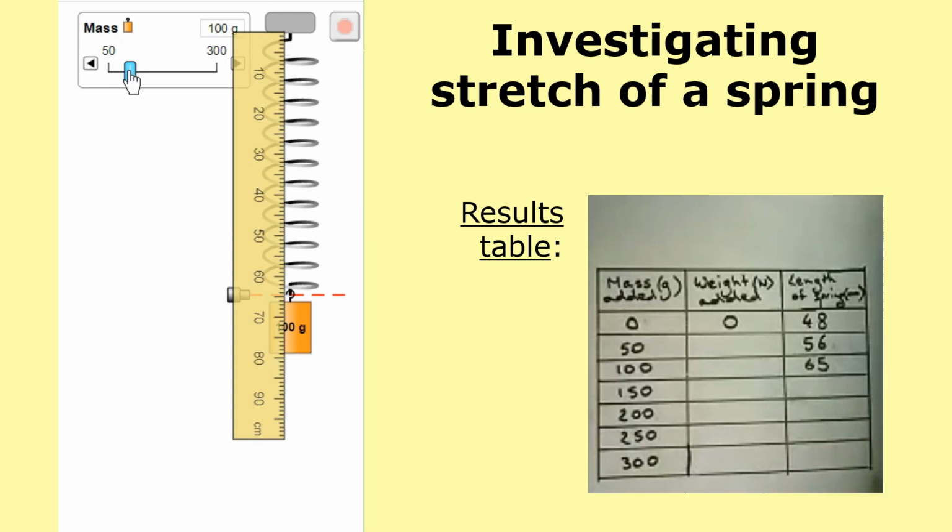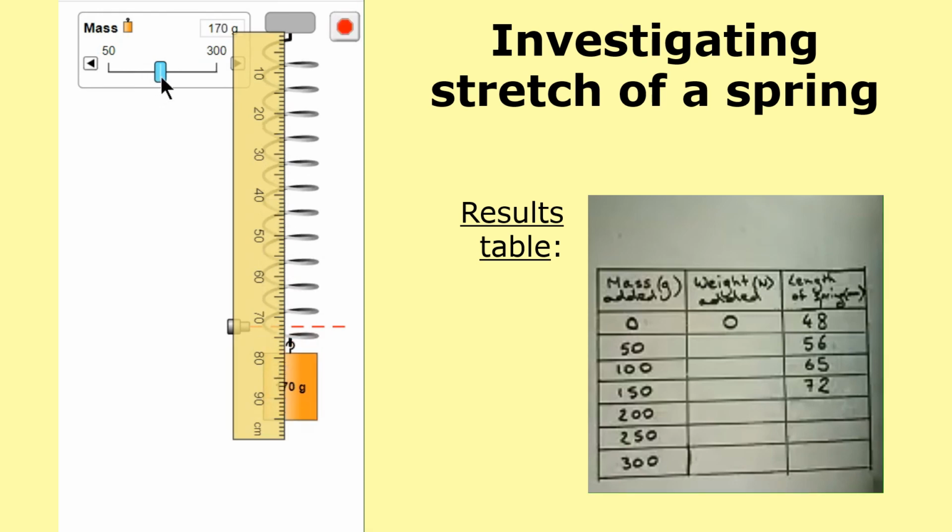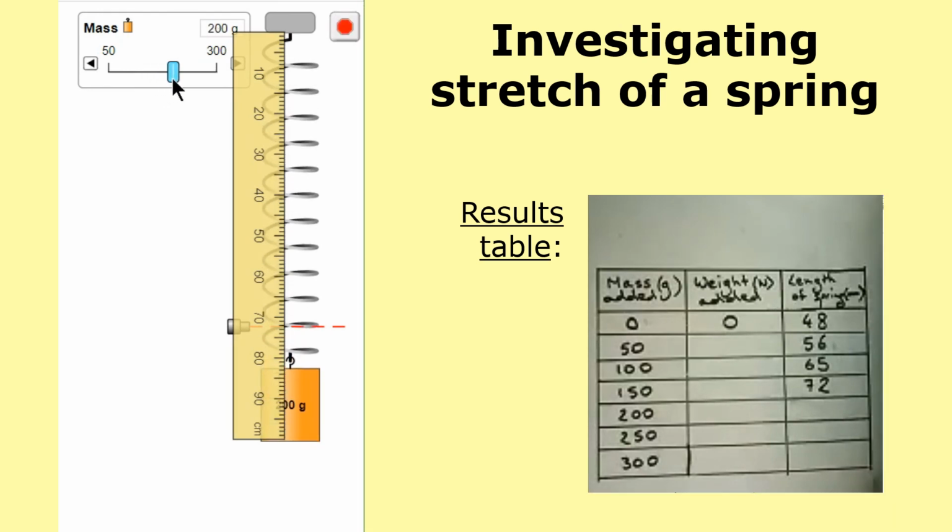Now we're going to increase it to 150. So now my mass added is 150 grams. And it looks to me like the new length of the spring is 72 millimeters. Let's increase our mass to 200 grams. There we go. Stop it bouncing.